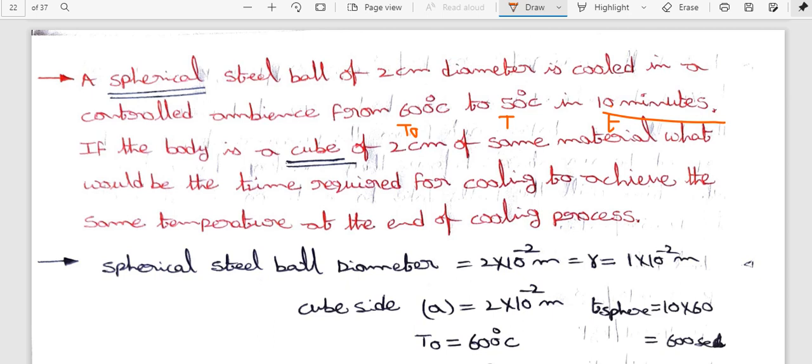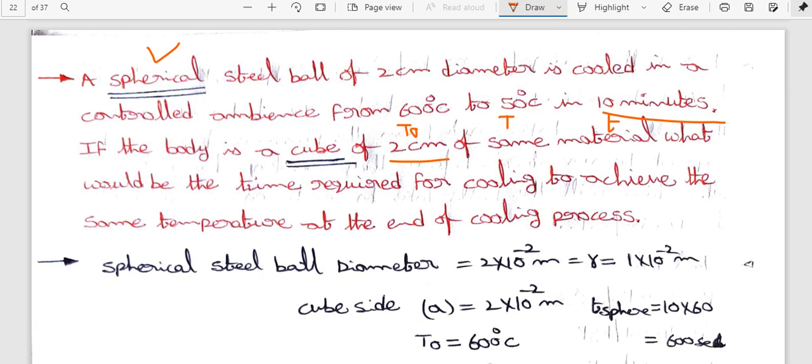Ambient from 600 to 50 degrees. If the body is a cube, so here the body is a cube. So in this problem, two materials are given, a spherical steel ball and a cube of 2 centimeters. Here the cube side is 2 centimeters of the same material. So the spherical steel ball and the cube are made of the same material.